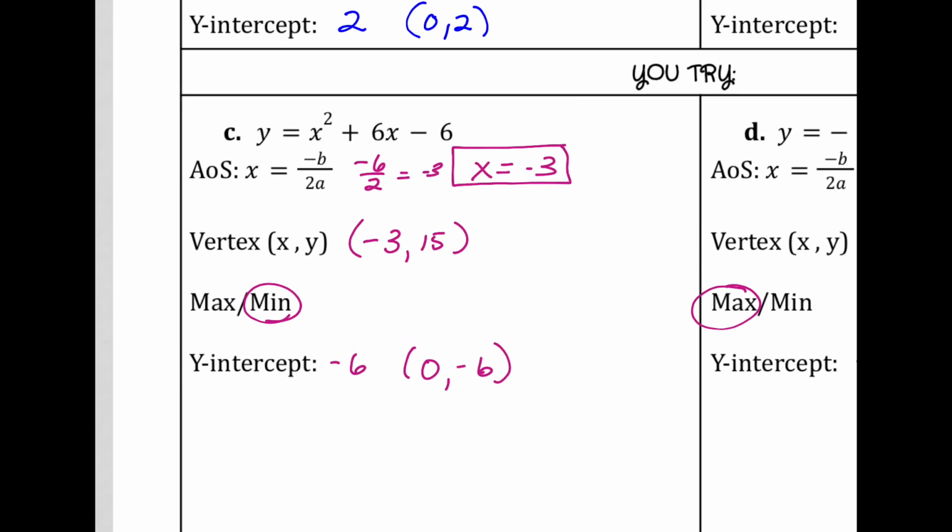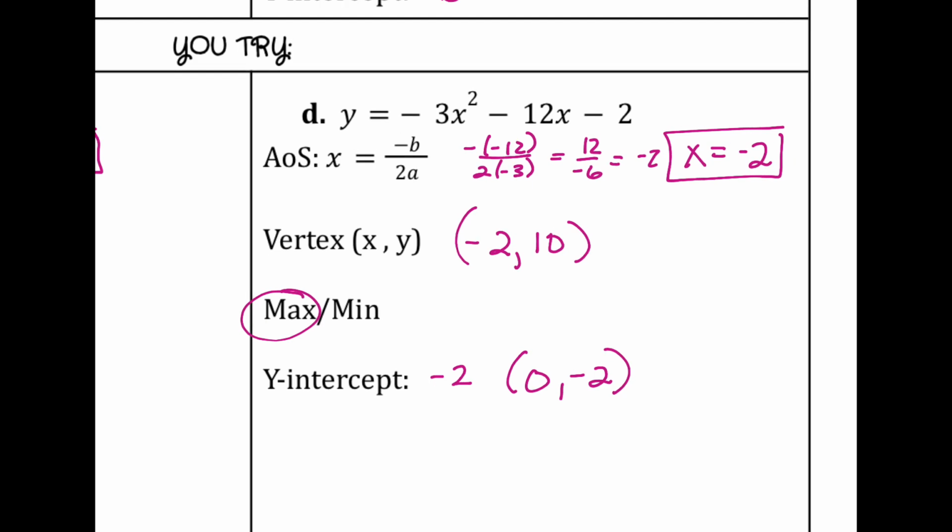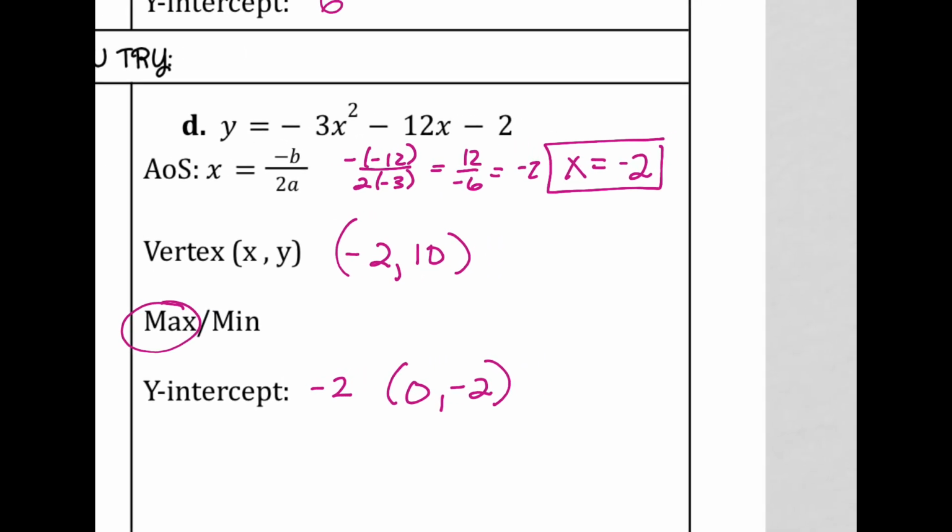Let's see. Your axis of symmetry should be x equals negative 3. The vertex should be at negative 3, 15. That is a minimum because we do have a positive leading coefficient. And our y-intercept is at 0, negative 6. The second one, your axis of symmetry should be x equals negative 2.